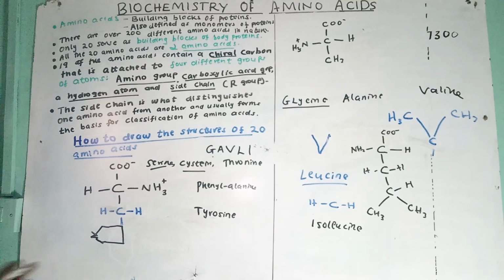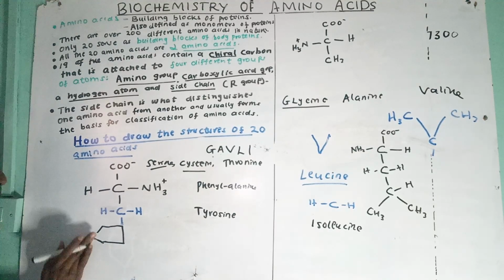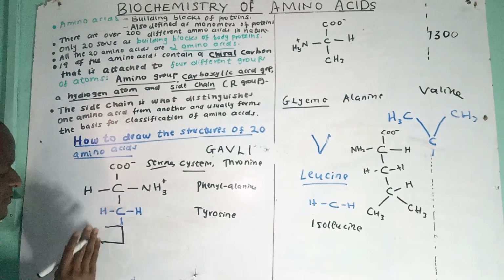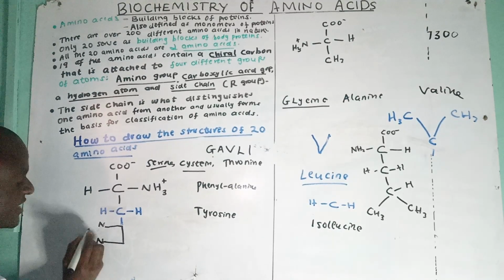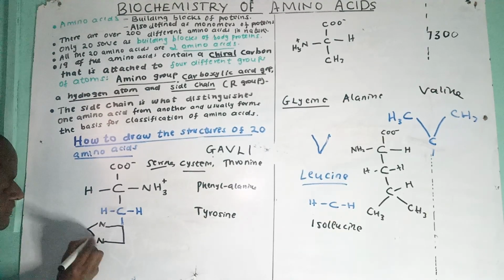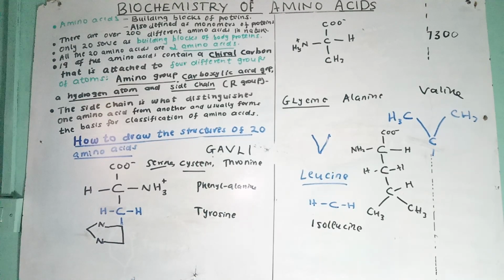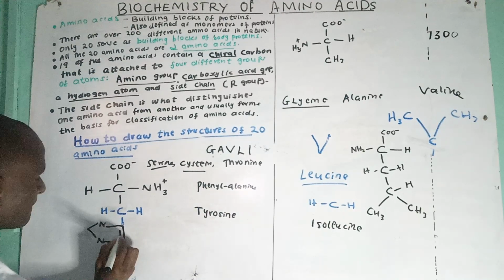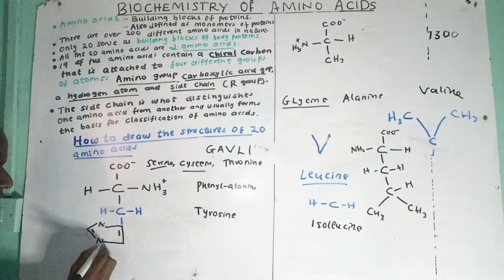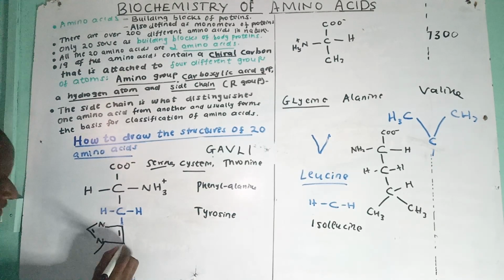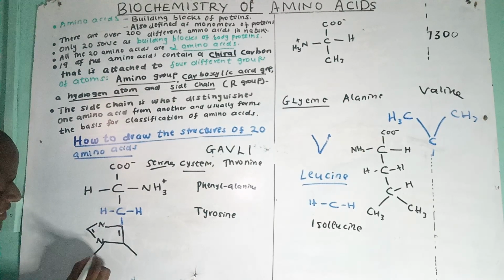So we shall have our 5-membered ring, which is an imidazole ring. Sorry, let me redraw. We shall have our 2 nitrogen atoms like that. And this 5-membered ring is also attached to a phenyl group. That is, it's also attached to our benzene ring.